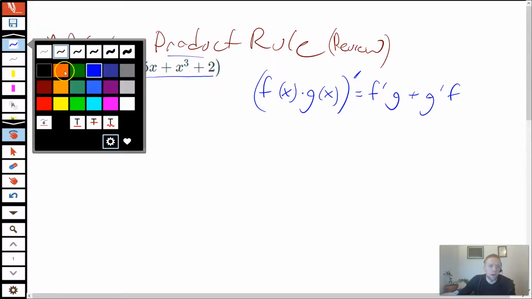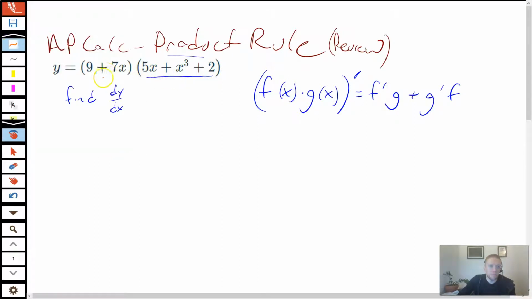I'm going to call my left-hand function f, 9 plus 7x is f, and my right-hand function g. And you for sure know how to find the derivative here. I'm going to do that real quick. So if f is 9 plus 7x, f prime, the derivative of that, well, power rule. Derivative of 9 is 0.